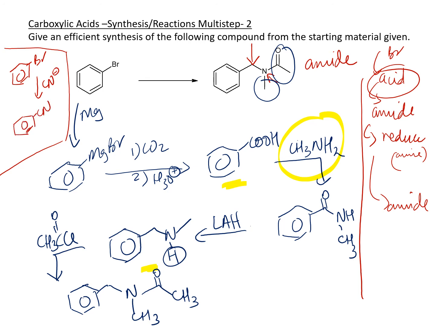Once you have a nitrile, then you want to do hydrolysis on this one to give you benzoic acid, but this reaction is not possible. You cannot do substitution reactions on benzene. So don't just add a nitrile to a benzene ring just by doing a substitution. You can do it on any kind of an alkane. That substitution is possible, but this is a benzene ring. So you cannot do SN2.